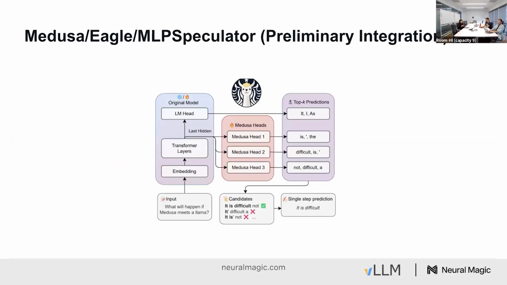Another type of speculative decoding, which is kind of popular, is Medusa and Eagle. This type of speculative decoding says, instead of using a draft model, or instead of repeating the words from the prompt, maybe we change the original large model and just add some heads, some layers, to it. In this example, they take the hidden states of the last transformer layer and send them to what they call Medusa heads, which are basically just some extra layers, and they use those heads to predict the tokens.